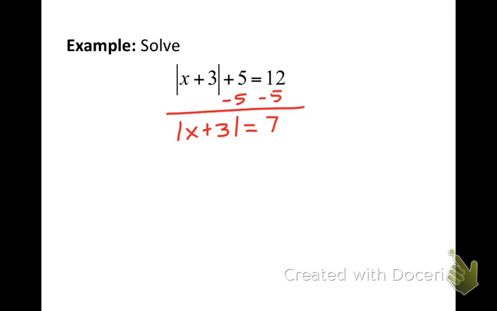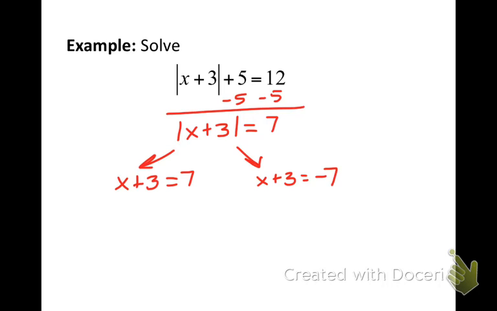So now I want my distance away from 0 to be 7, which means I'm going to have positive 7, I'm going to have negative 7. I no longer just have an x, I have an x plus 3. It's okay. So first equation will be x plus 3 equals 7. Second equation will be x plus 3 equals negative 7.